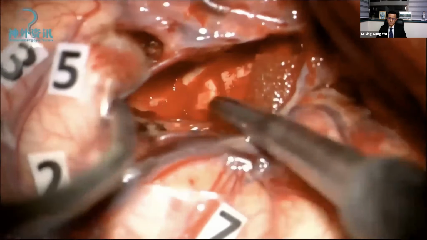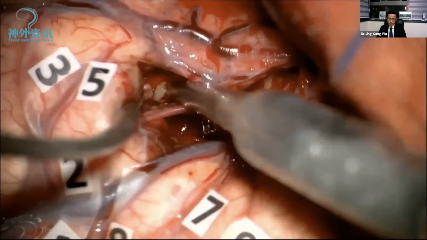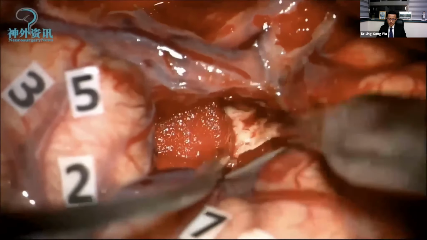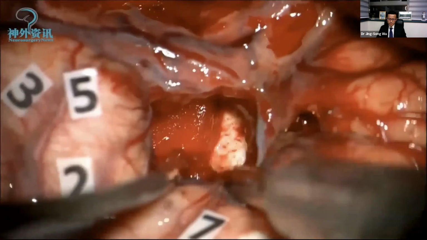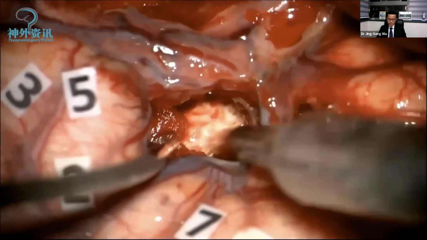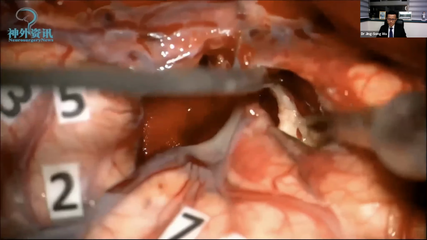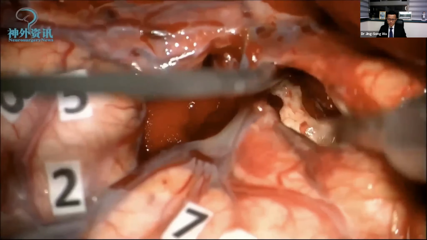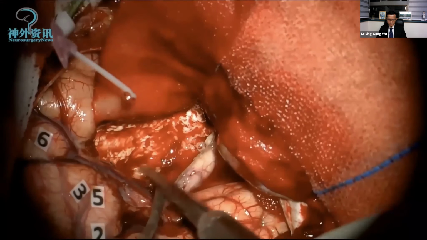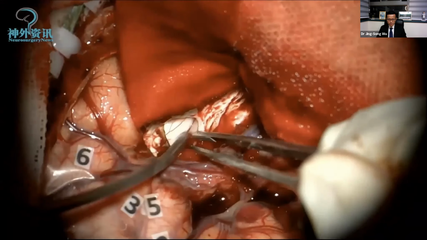Continuous language and motor subcortical mapping for identification of the internal capsule and corticospinal tract during the resection of zone 4 tumors is very important. The temporal horn was exposed.